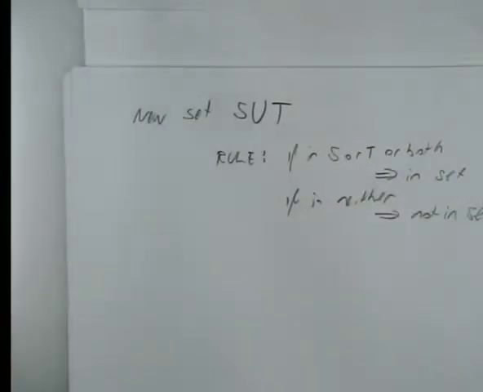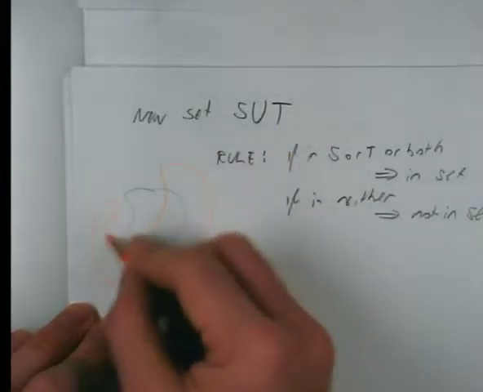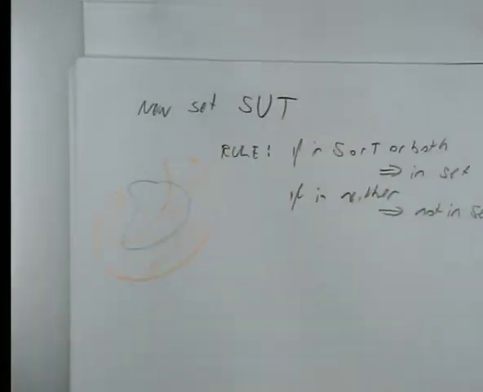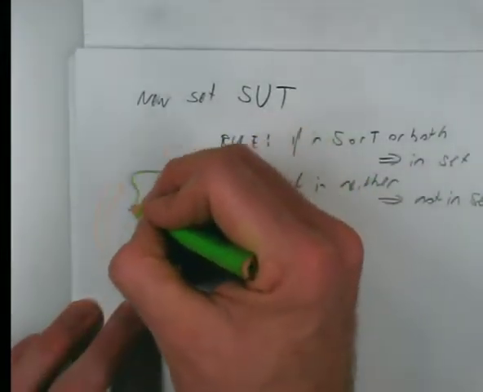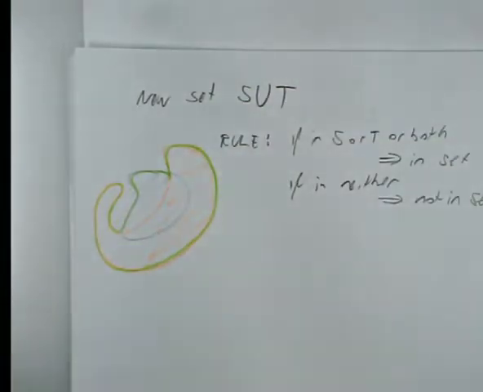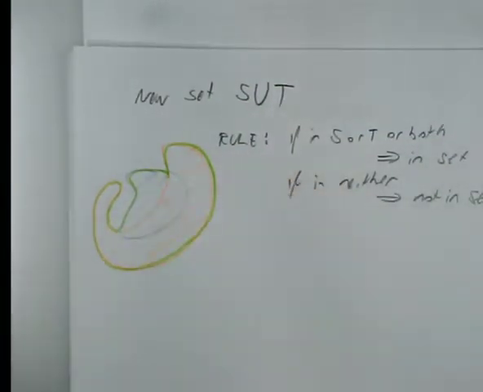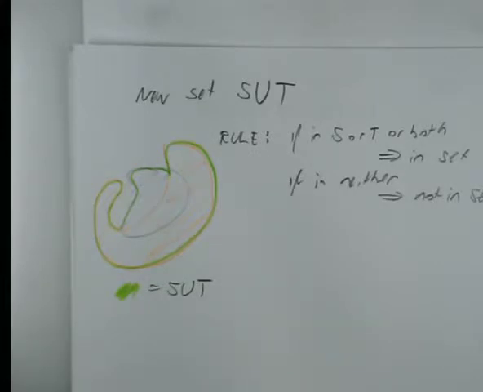And the classic example of that: so there's my orange set and my blue set. All of this together, that's S union T. Okay? So my green is S union T. All of it. So if you think about it, it's the set gluing operation. You glue the sets together and you make a new set. Okay, that's what union is.